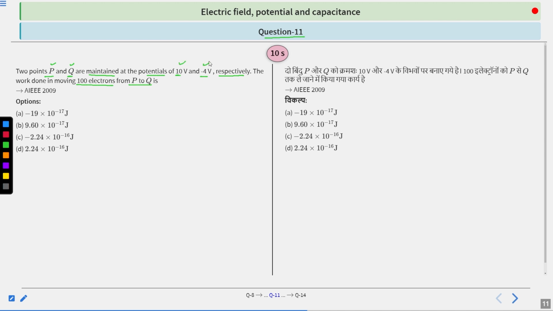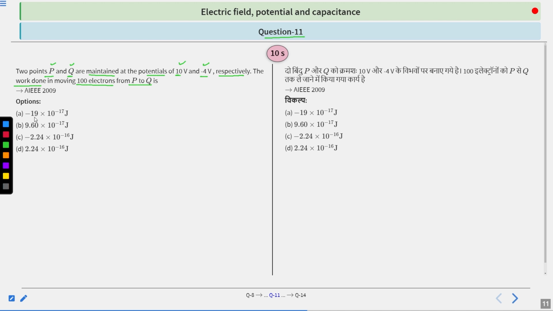Clear? When 100 electrons are moving from P to Q, what will be the work done? This is the question.